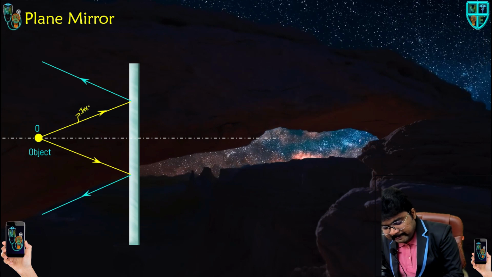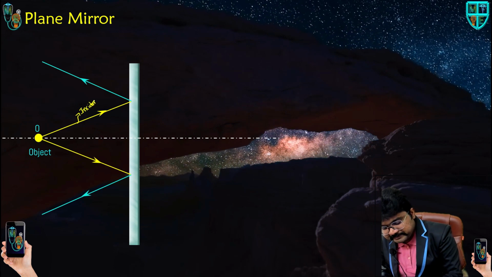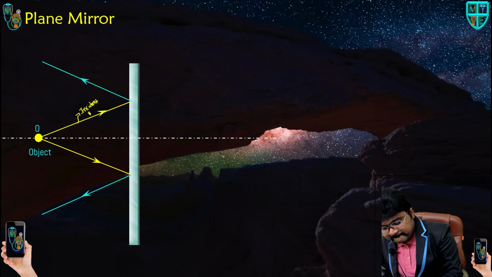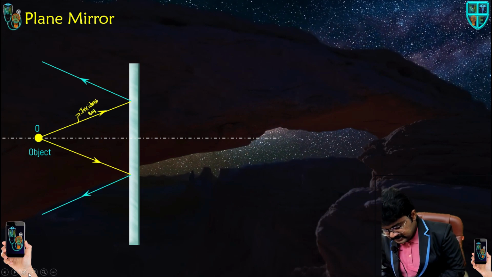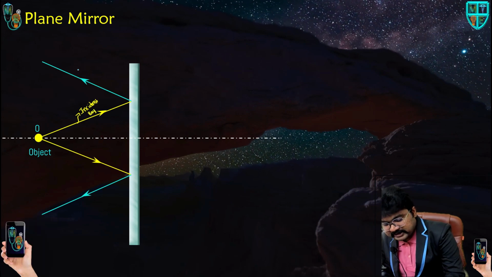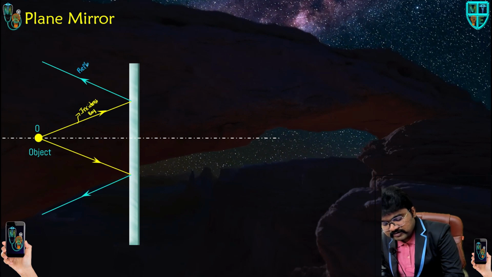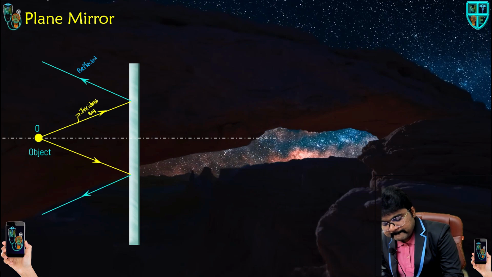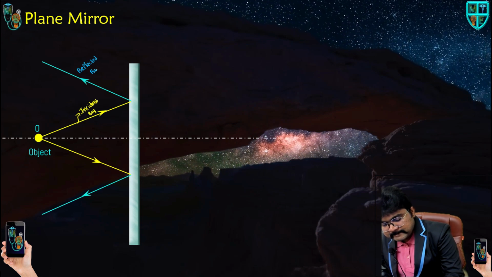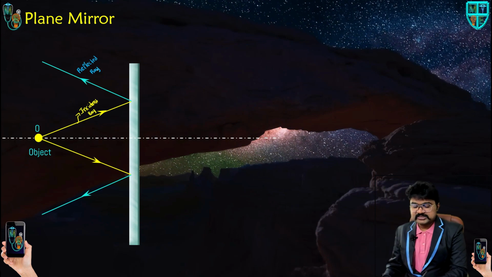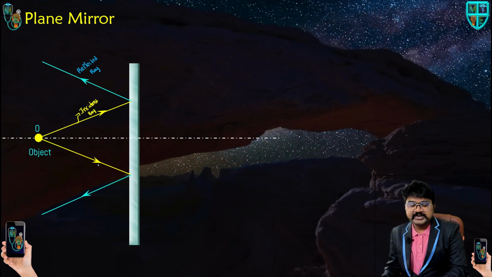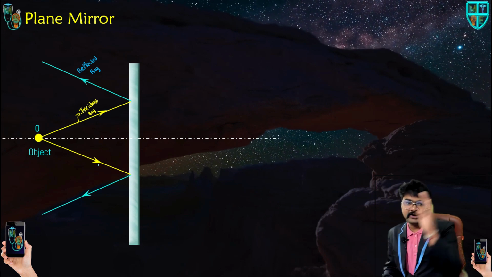This is the incident ray. This would be the reflected ray. So this is also an incident ray, incident on the mirror and reflected back.